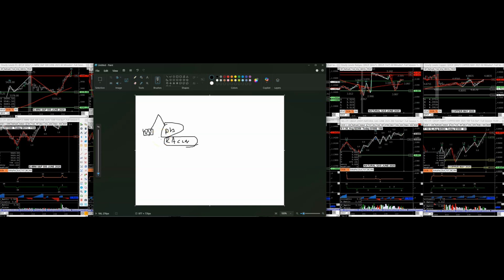If there's no reaccumulation, then you don't want to just jump in because it'll just do this. So how do we do that? Okay, this is an important question because we know that accumulation, as I've explained to you, is heavy buying at the lows. So this is a low.